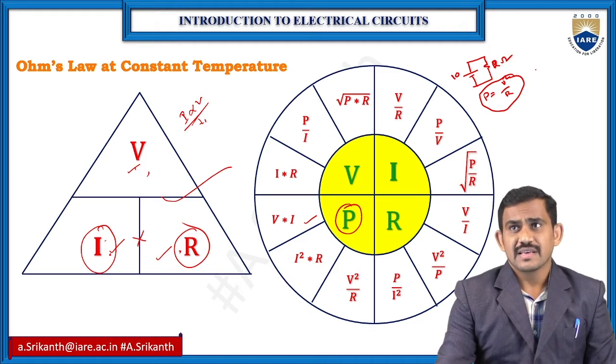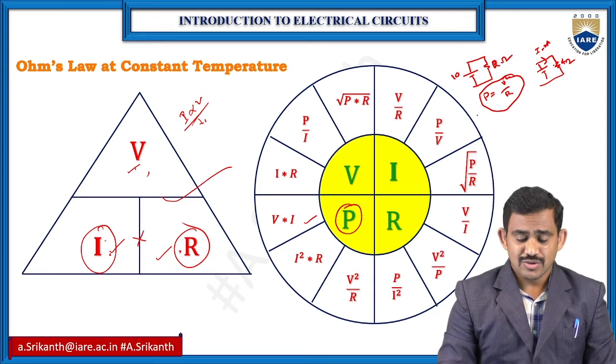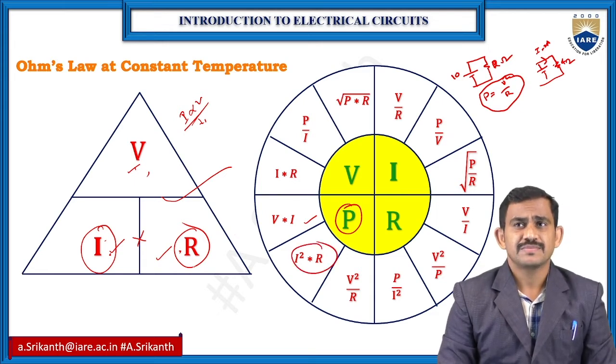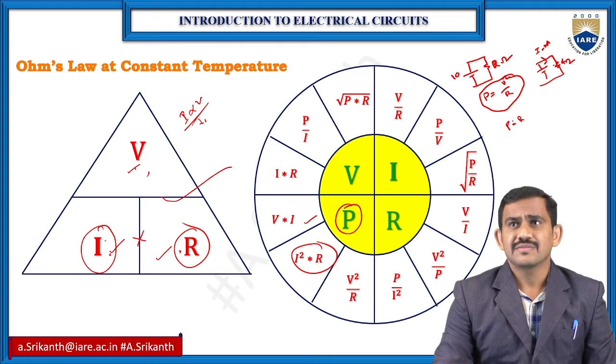Otherwise, I have a current value and a resistor. Suppose the current I is 2 amps and the resistor is 4 ohms, and I want to find the power. So use the I square R formula. Or I have the P value and R value and want to find the I value.